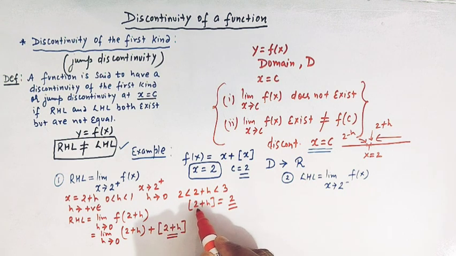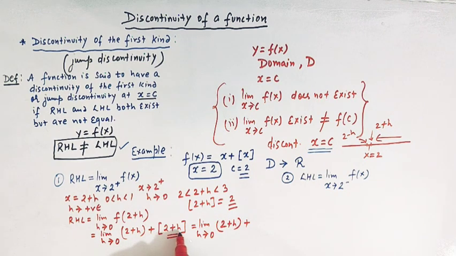So the greatest integer of 2 plus h is 2. So now we can write limit h tends to 0 of 2 plus h, and the greatest integer of 2 plus h is simply 2.